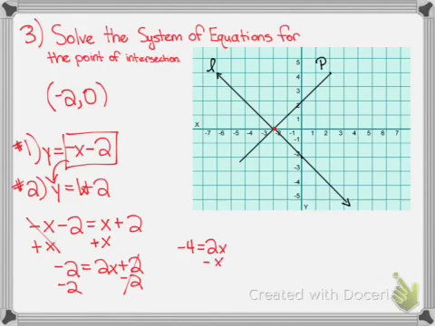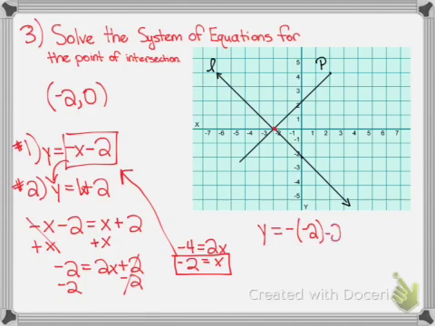So x equals negative 2. And then to find y, I just take x and plug it back into the original equation. So I get y equals negative 2 minus 2. Wait, that is y equals negative (-2) minus 2, which becomes y equals 2 minus 2, or y equals 0. So my point of intersection will be (-2, 0).